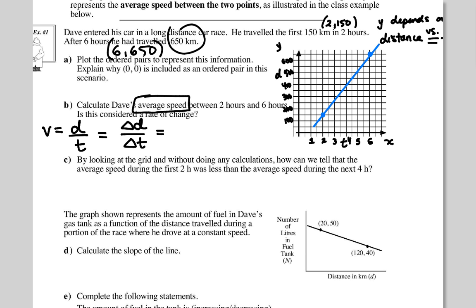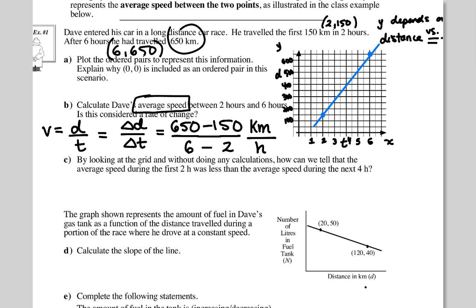How much did the distance change? You went from 150 all the way to 650. And you started at 2 hours and you finished at 6. Remember, distance is in kilometers and time is in hours, so you get that familiar speed unit of kilometers per hour.